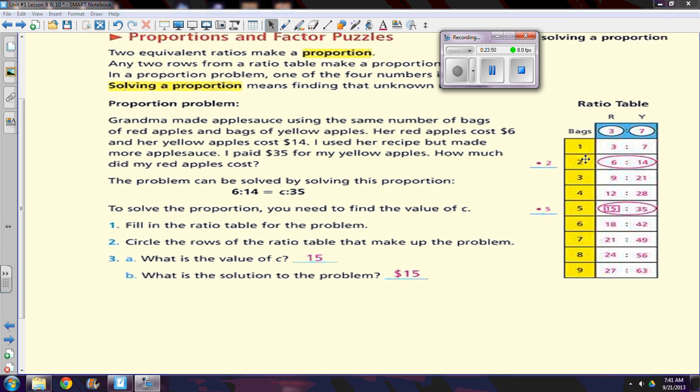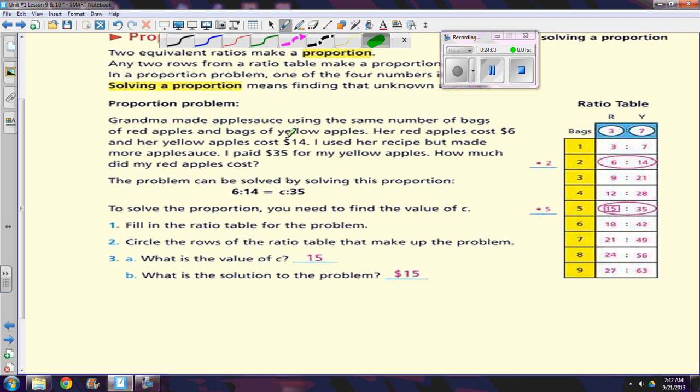Bag 2 would be the 6 to 14. You would circle the 6 to 14 because it's in your problem here. It's increasing: 3, 6, 7, 14, 9, 21, row 4, 12, 28.